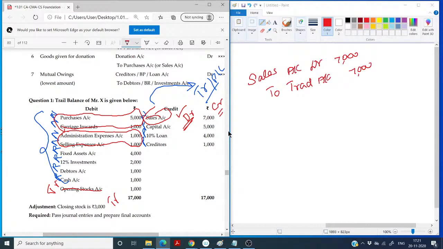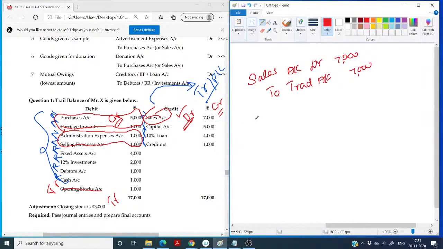Similarly, purchases and carriage inwards are both debit balances, so they should be cancelled by crediting them. Then what you have to debit? Where it is transferred, that account should be debited. So it is going to be transferable to the debit side of the trading account.